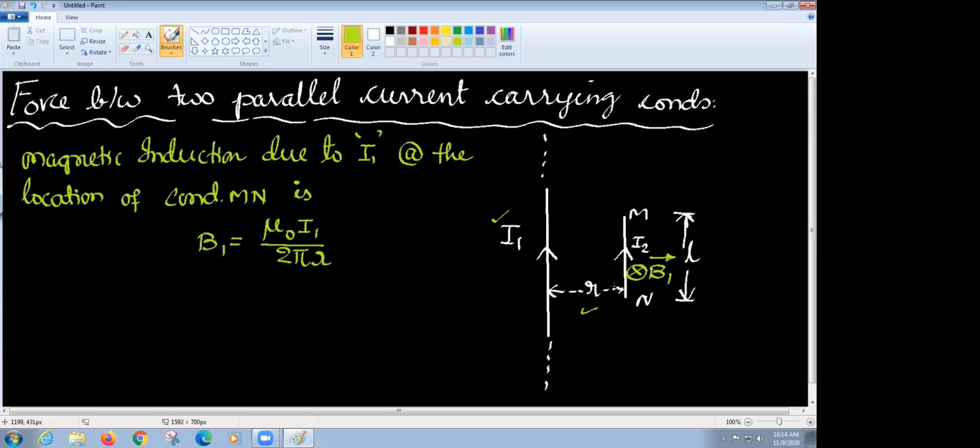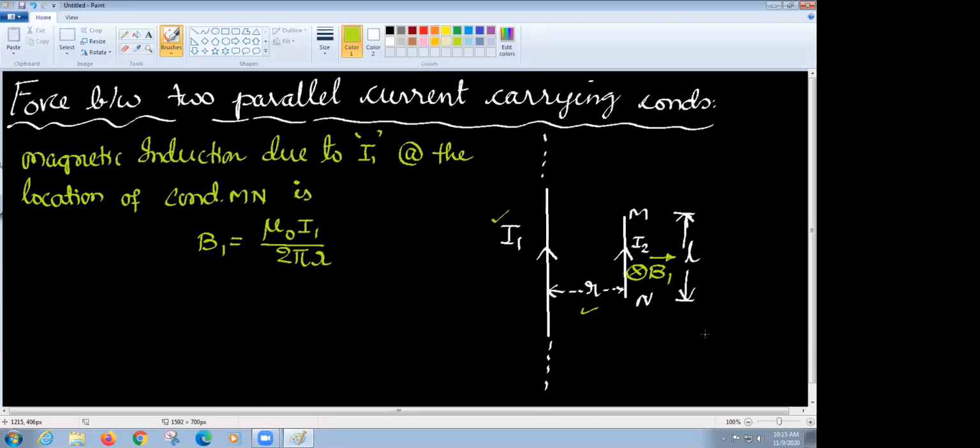Now you tell me, how is the force due to this B1 acting on this Mn, in which direction? Into the board, left, right, or out of the board?